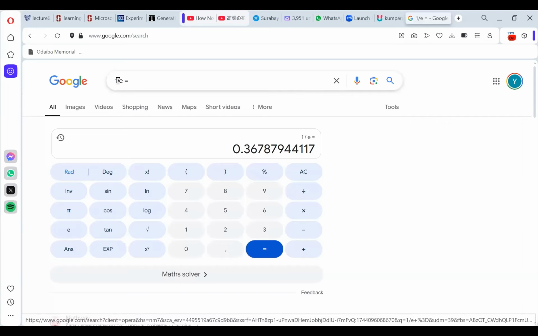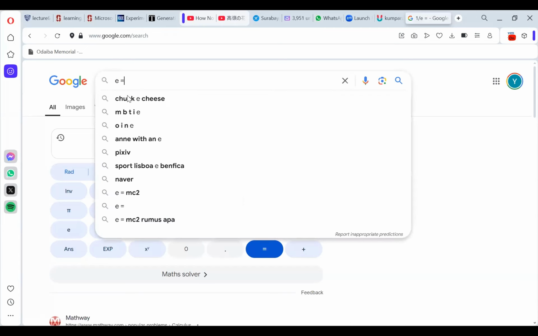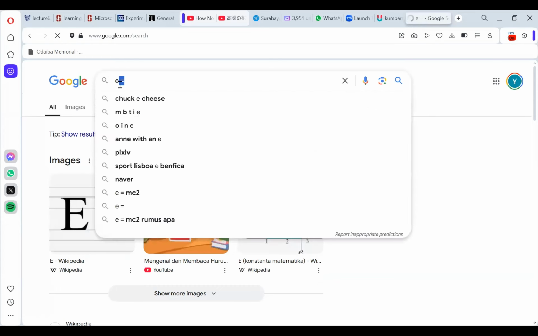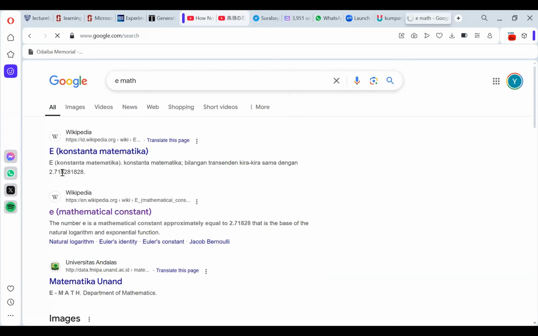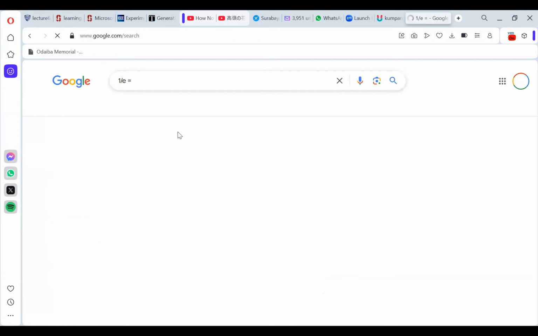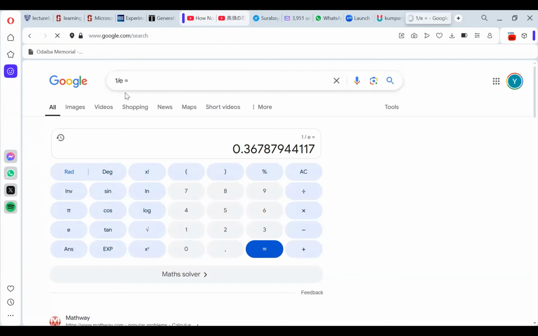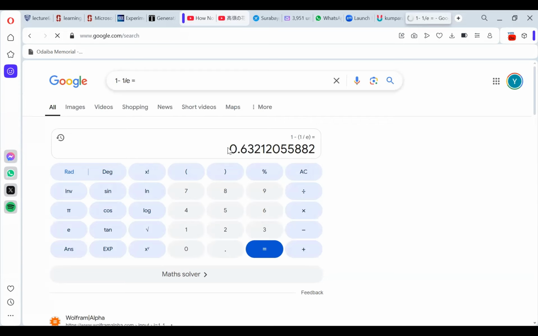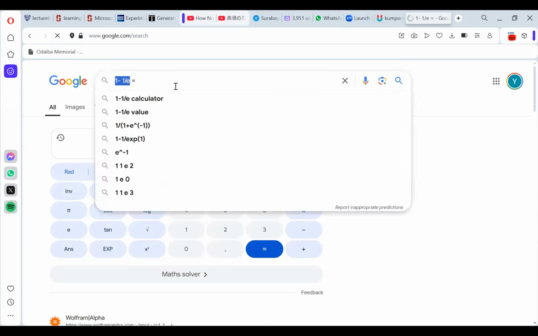If you remember, e is 2.718. So if you do 1 per e, it is 0.367. If you do 1 minus 1 per e, this would be 0.632. Why is this 1 minus 1 per e? Because that's what we have.